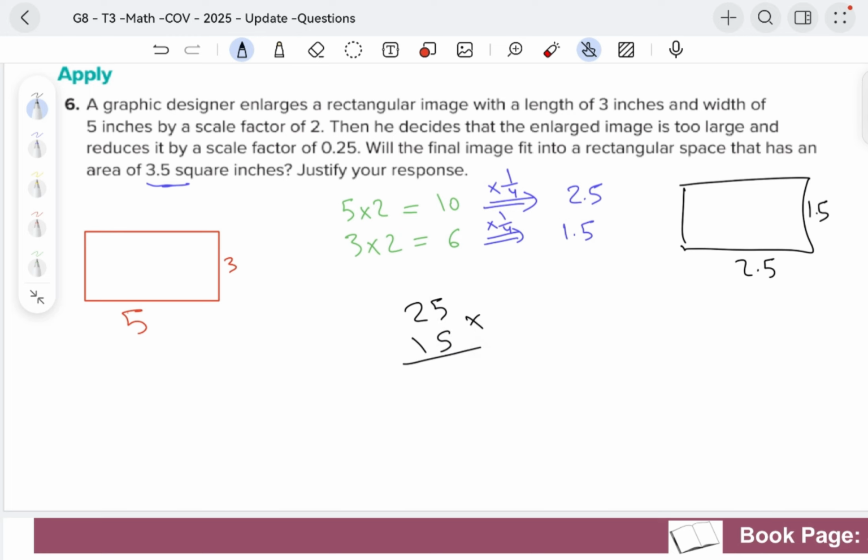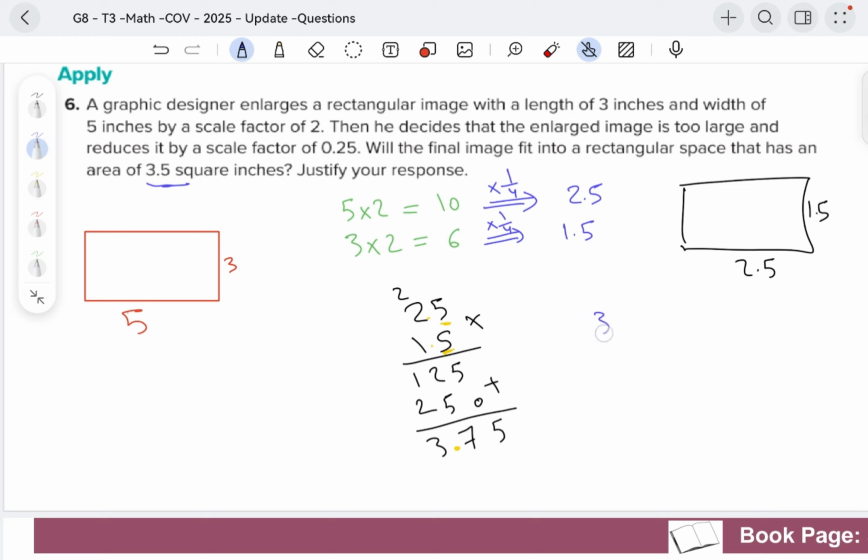We remove the decimal point. 5 times 5 is 25. 5 down, 2 up. 5 times 2 is 10, plus 2 is 12. 1 times 5 is 5. 1 times 2 is 2. 5, 7, 3. And we had 2 digits in the decimal part. Here, this is the first digit, and here we have the second digit. So the final answer is 3.75 square inches.